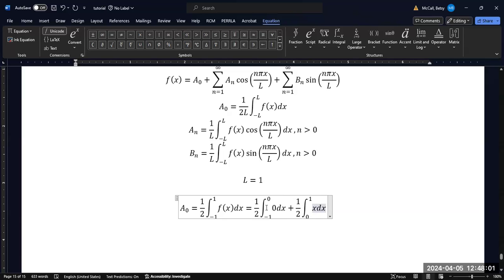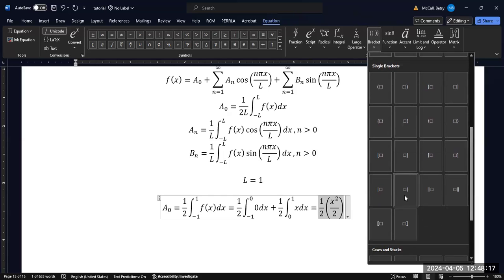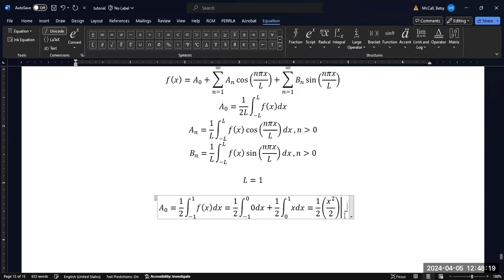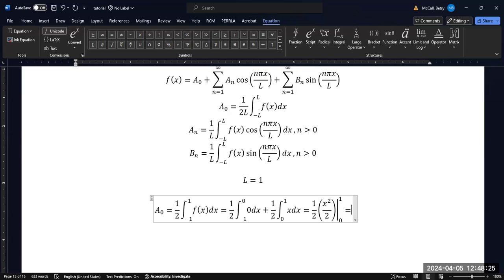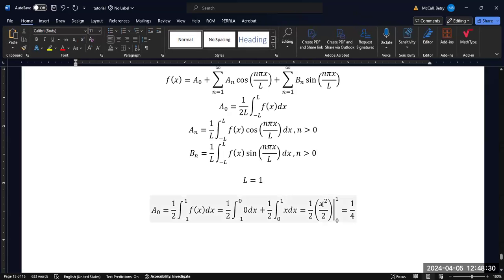So this thing is obviously all 0. And so if I do my antiderivative here, I'm going to get x squared over 2, and going from 0 to 1, that's going to give me 1/4. Because x squared is 1, and so that'll be 1/2. And when I plug in 0, I'll get 0. So 1/2 times 1/2 is 1/4.